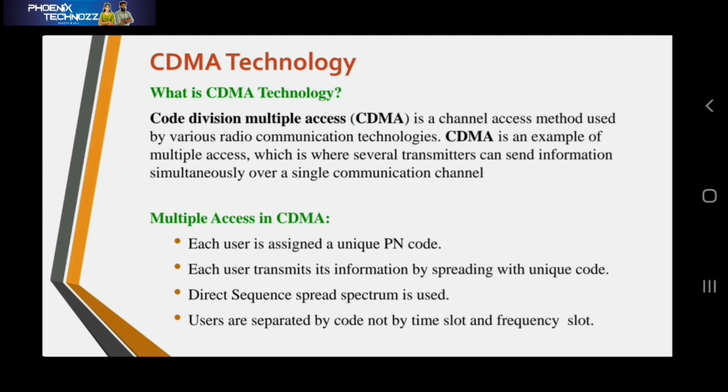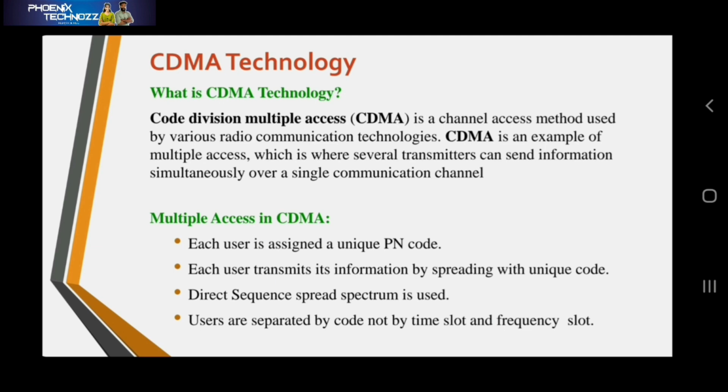That is, each user is allocated a different orthogonal code, and during transmission each user transmits its information by spreading with its unique code. Each user has its own unique code, orthogonal to the codes of other users. That is, users are separated by code, not by time slot or frequency slot.